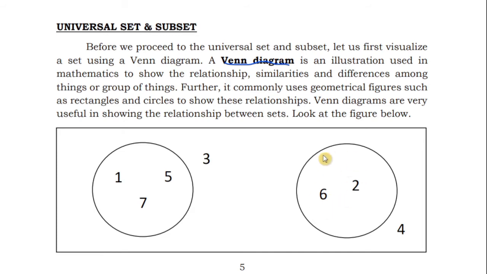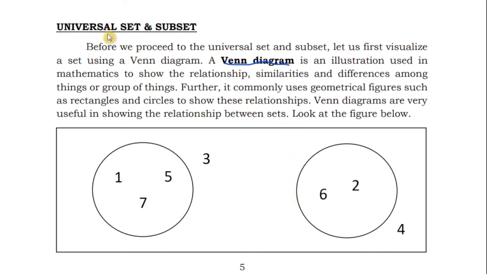So we have two sets from the mother set, which is represented by the rectangular Venn diagram, and they were clustered and grouped there. So there are some sets inside of the mother set.